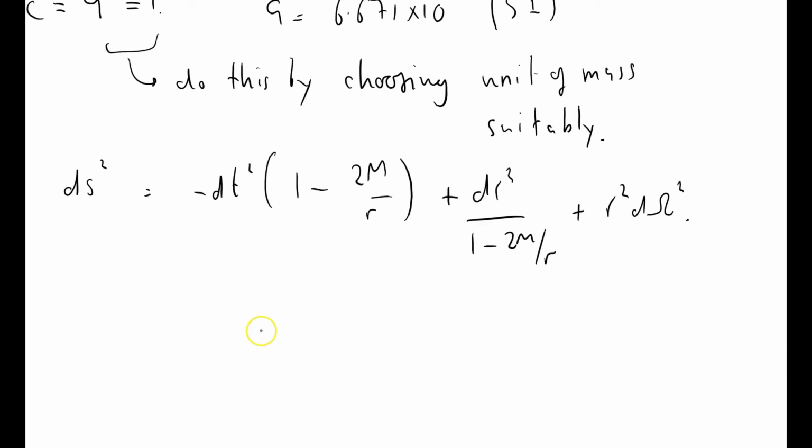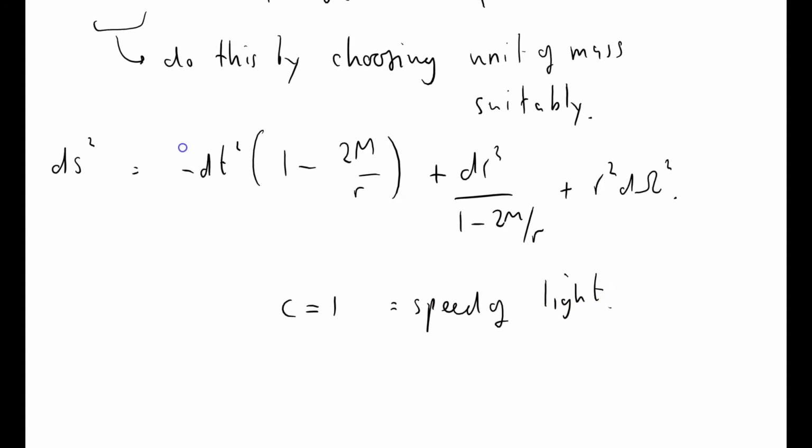I just want to come back to the fact that the speed of light equals 1. We make c equal to 1 by choosing the units of time and of distance appropriately.